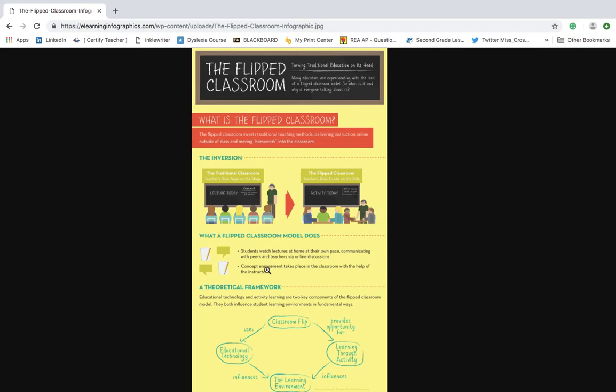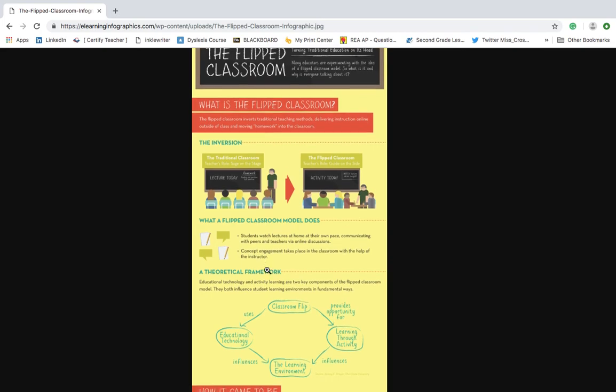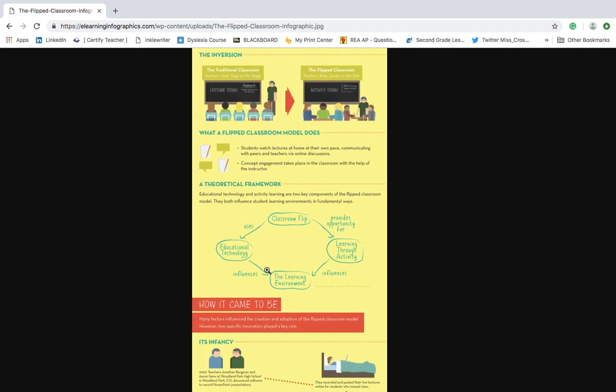So then it goes down to what a flipped classroom really does. Students watch lectures at home like we explained earlier, and then they communicate with their teachers and peers either online or when they get back to the classroom. It goes down to the framework of what happens in a flipped classroom. You start with the classroom being flipped.